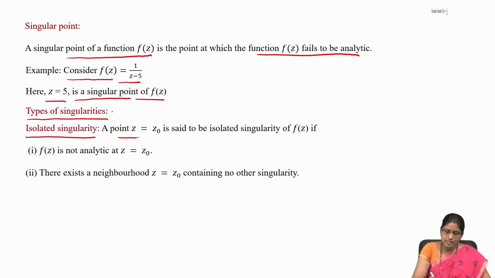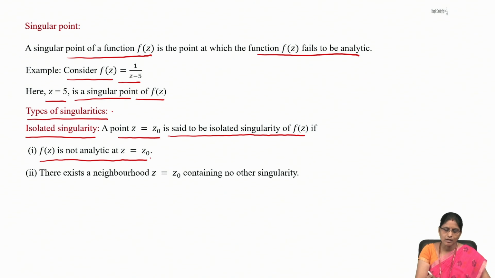A point z equal to z naught is said to be an isolated singularity of the function f of z if it satisfies the following two conditions. What is the first condition? f of z is not analytic at z equal to z naught, where z naught is the point we are taking.